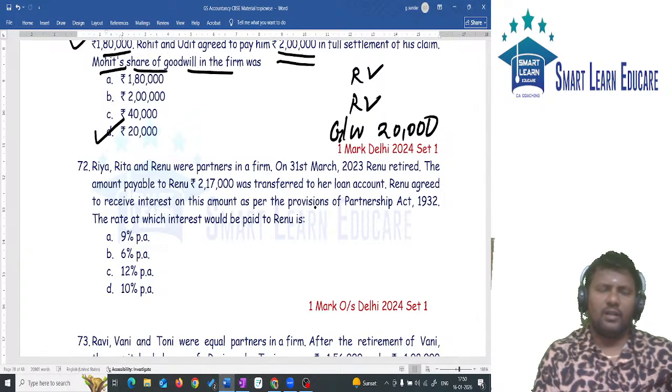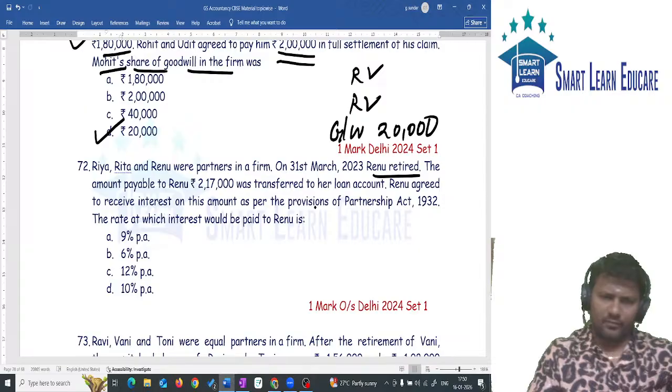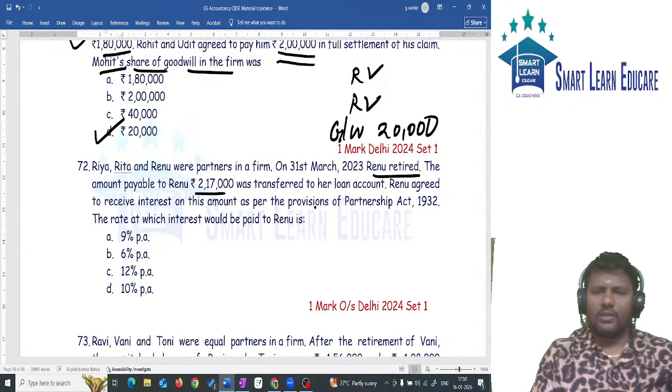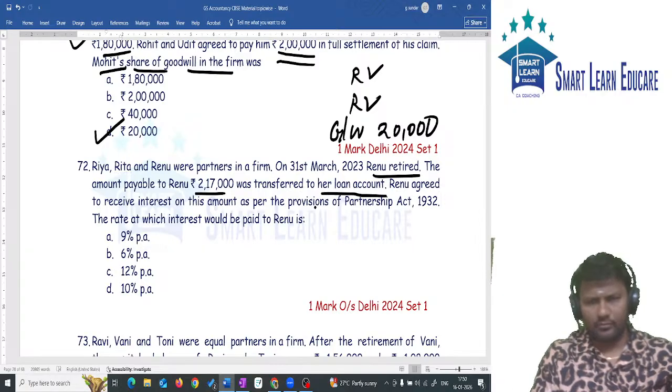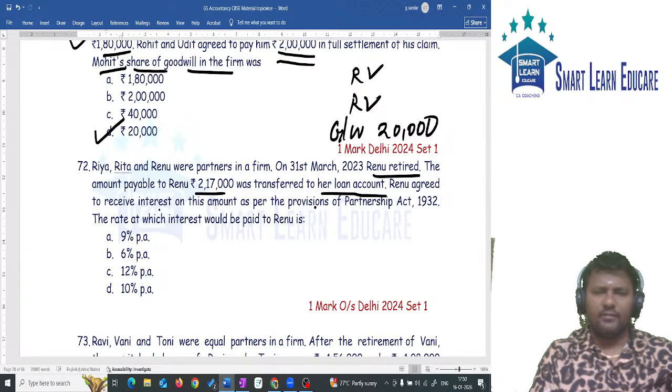R, Ria, Rita, Renu were partners. Renu retired from the firm. The amount payable to Renu, 2,17,000, was transferred to the partner's loan account. Renu agreed to receive interest on this loan as per the provisions of the Partnership Act.